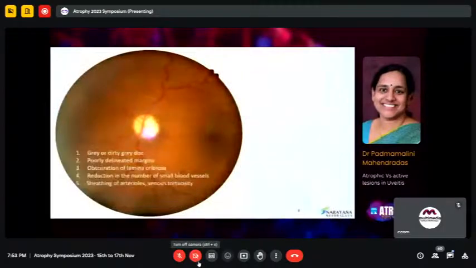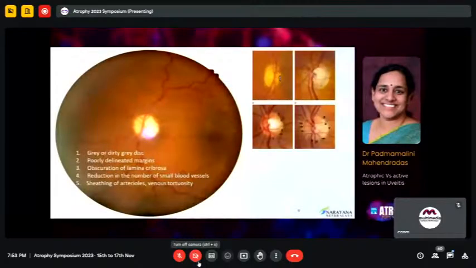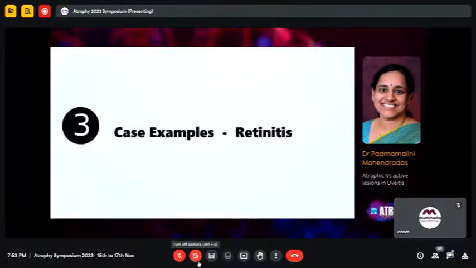They have a gray or dirty gray disc, overly delineated margins, obscuration of the lamina cribrosa with reduction in the number of small blood vessels with associated sheathing of the vessels. Capillaries are estimated with the capillary number index or Kestenbaum index. The normal is about 10 capillaries. Whenever it is less than 6, we call it optic atrophy.